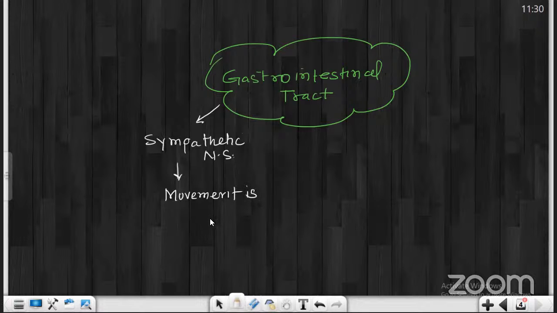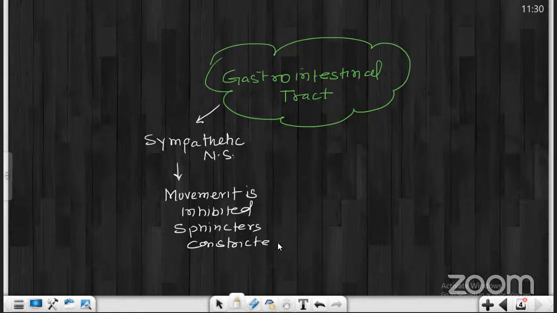Movement is inhibited, or we can say sphincter is constricted. Sphincter, you know, is a block in the pathway, a wall-like structure. Gastroesophageal sphincter, pyloric sphincter, so we have different sphincters here. So sphincter is constricted.